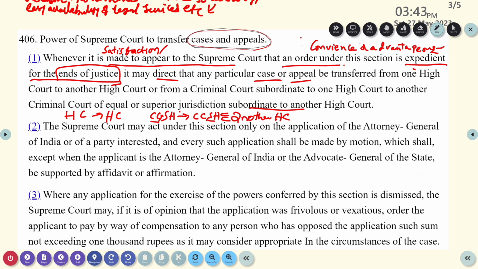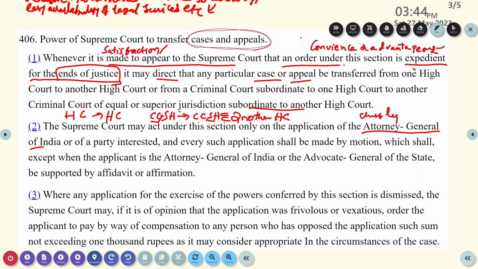Then who can move this application? Regarding 406, criminal matters, it is somewhat different from the Civil Procedure Code. Here, the Attorney General of India. Who is the Attorney General? He is the Chief Legal Officer for the central government, the first lawyer of India in other terms, or the real meaning is Chief Legal Advisor of the central government.